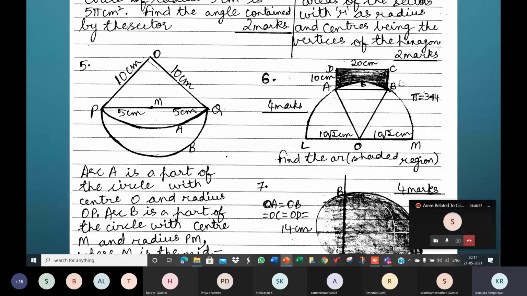All right. This work you will do by yourself. I'll just initiate the process. The construction will be: draw OM perpendicular to AB. So this will be a right triangle.